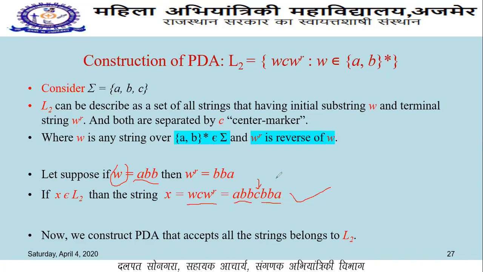So this is the format of a string belonging to L2. If you understand this, then we go for the construction of a pushdown automata that accepts all strings belonging to L and rejects all strings which do not belong to L.